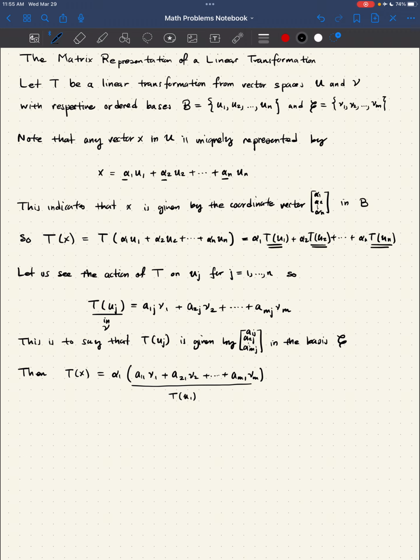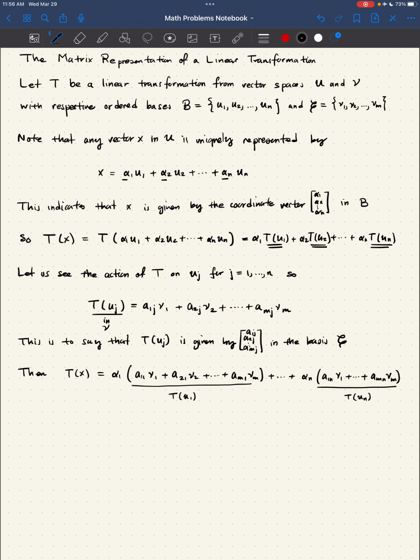Now, to save some space, I'll continue and add them. So I have alpha n times a1n v1 plus and so on plus amn vm. Of course, this represents T of un.